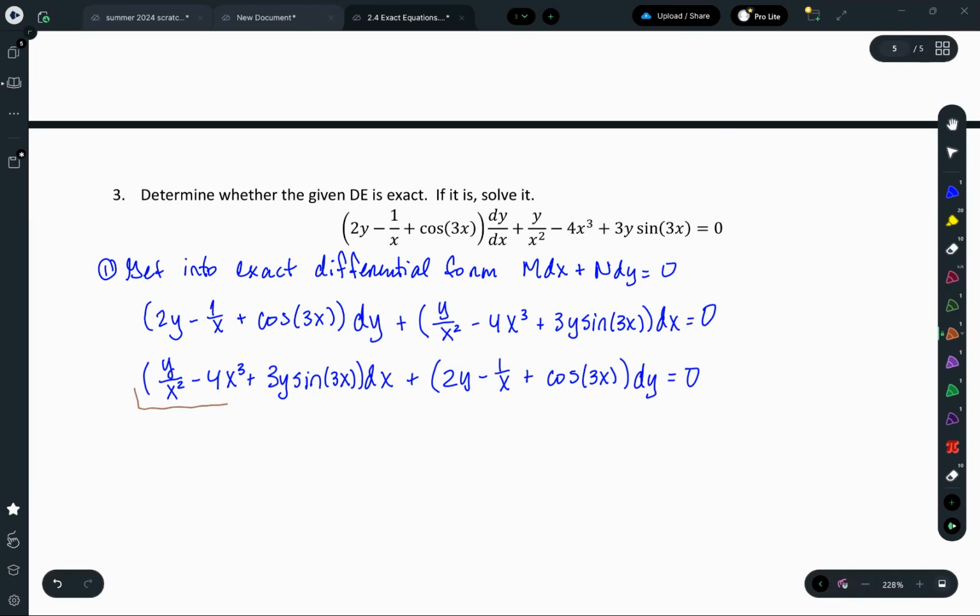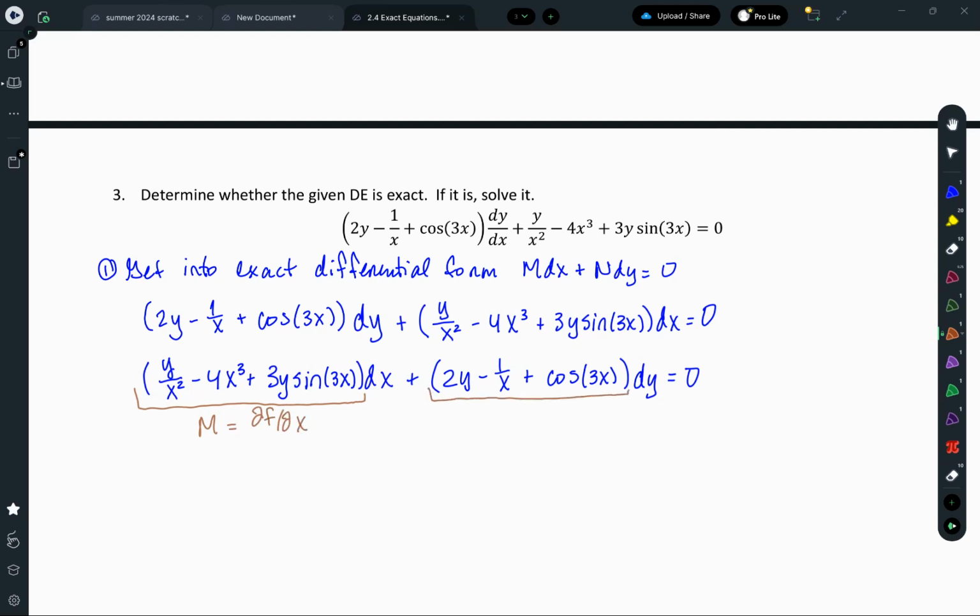On the left, with the dx, is what is possibly the partial derivative with respect to x, also known as M. And the term that's with dy, that is our N, and it is possibly equal to the first partial derivative of our solution with respect to y.